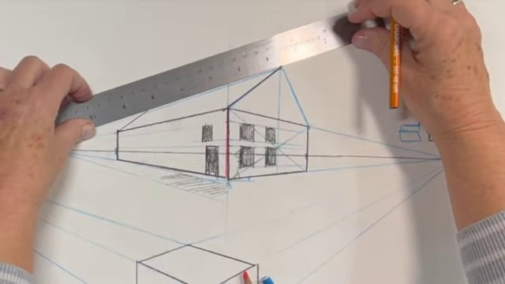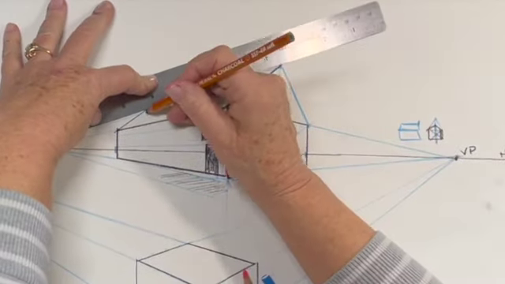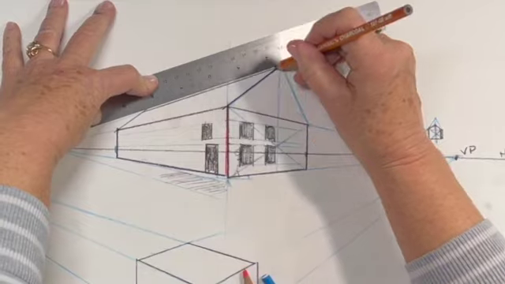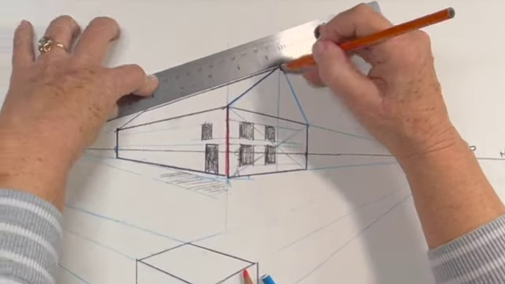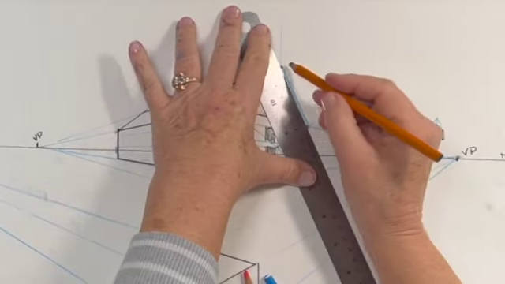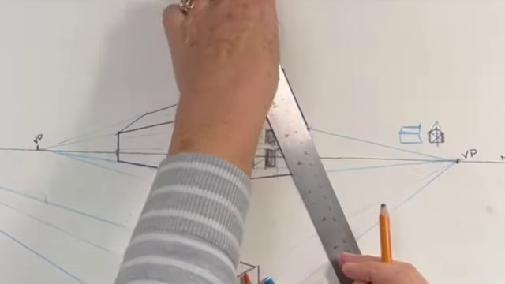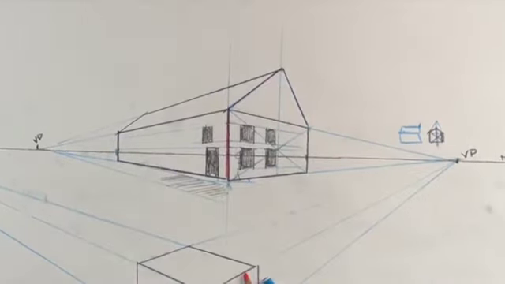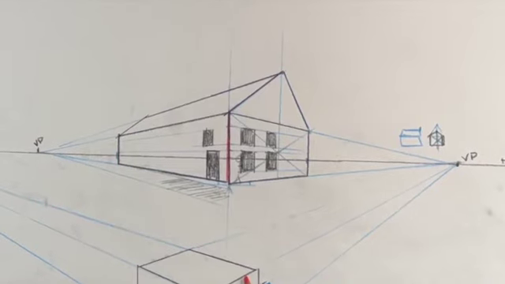Now we have completed our roof. There it is. Voila. We have a long house.